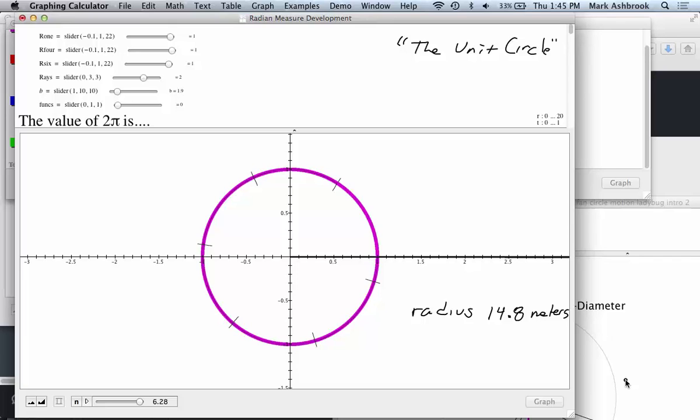But how can the unit circle, which has radius of 1, be thought to represent this circle with radius 14.8 meters? Anybody have an idea? This circle, the unit circle, could still represent this circle that has radius 14.8 meters. How could it do that?